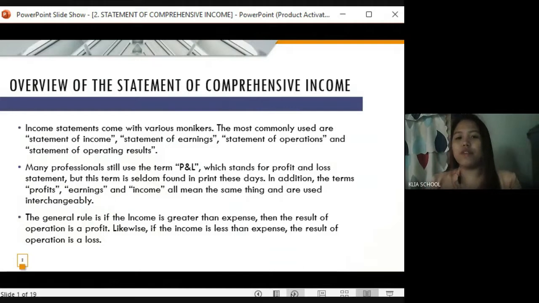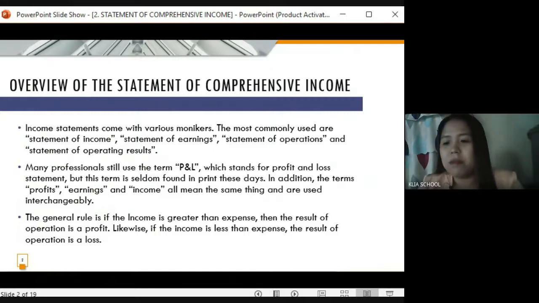So for the overview of statement of comprehensive income, income statements come with various monikers. Ibig sabihin, they are always being exposed with the accounts in terms of money. The most commonly used are statement of income, statement of earnings, statement of operations, and statement of operating results.